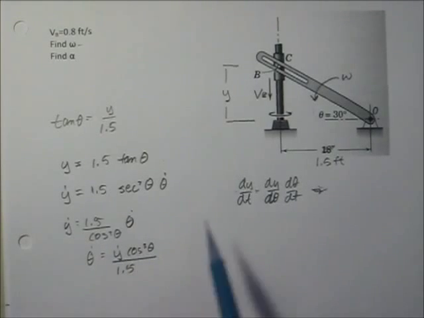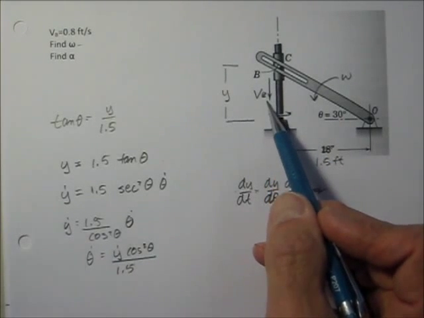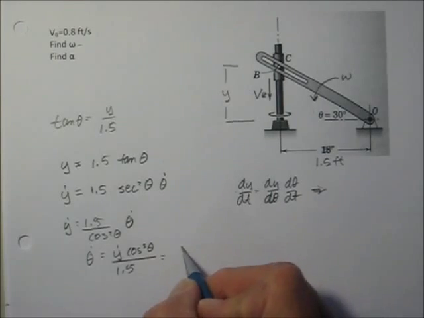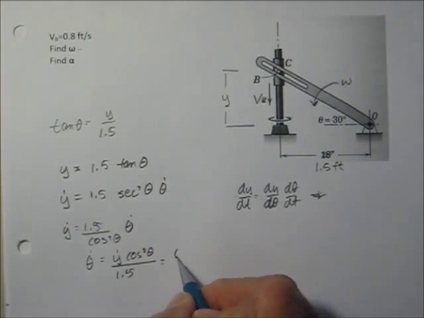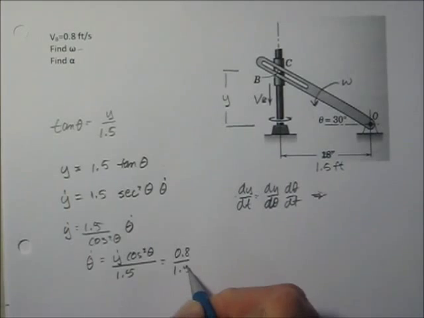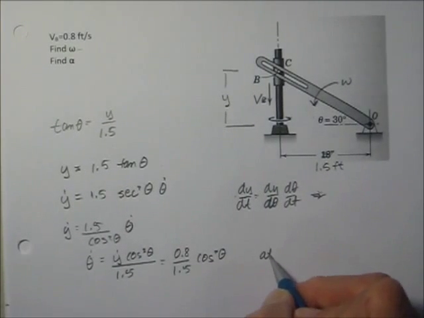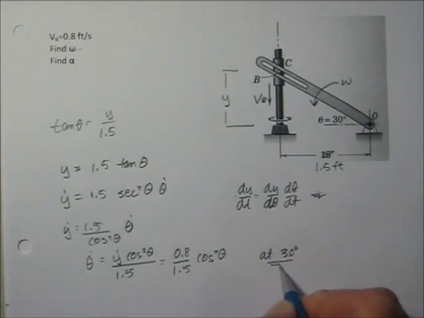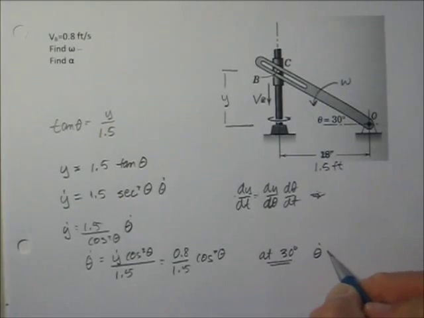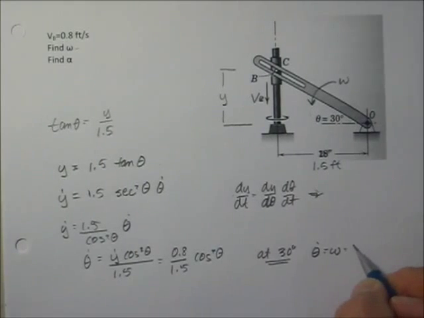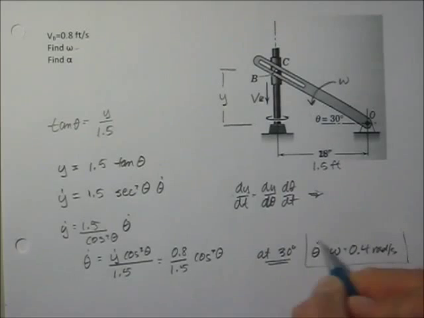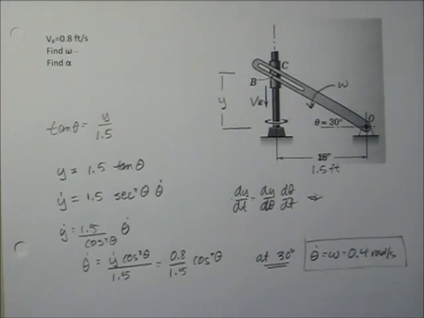Y dot was given here as the change in length down that way, so that's going to be equal to 0.8 over 1.5 cosine squared theta. And evaluating that at 30 degrees, I can see that theta dot, which is equal to omega, is equal to 0.4 radians per second. And that was what we were looking for in our first piece of it.